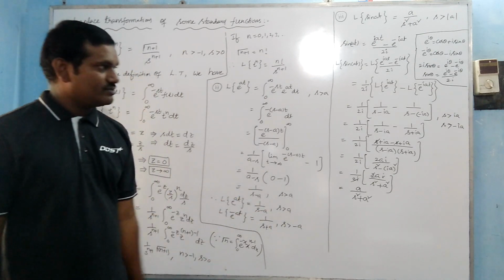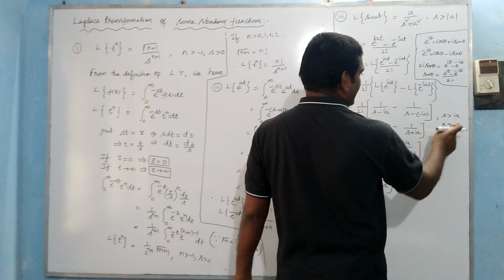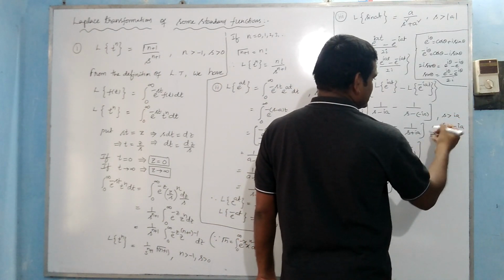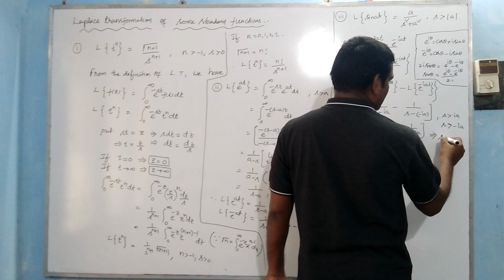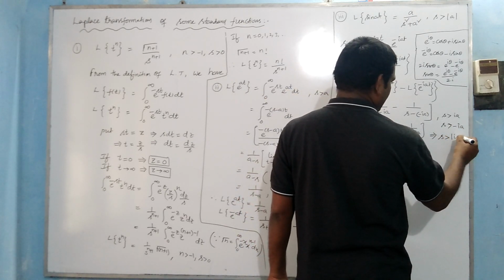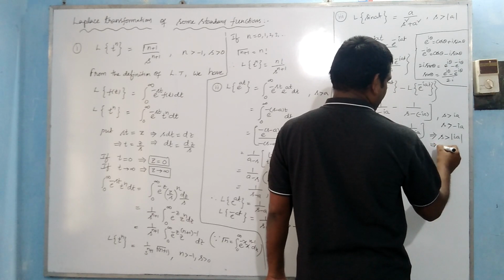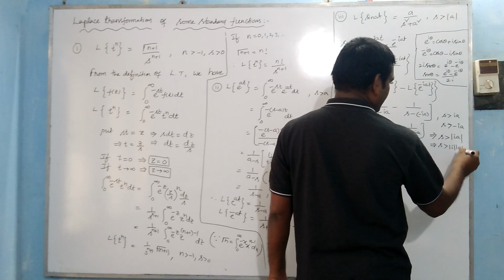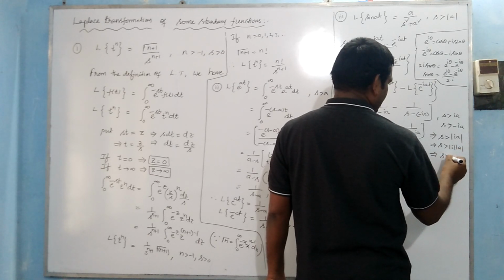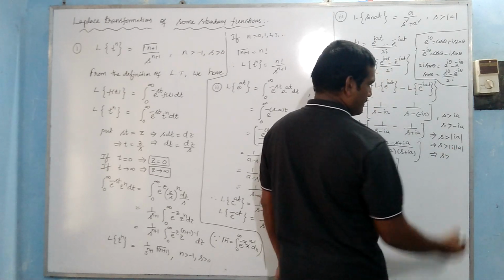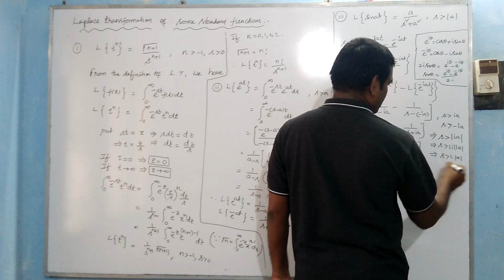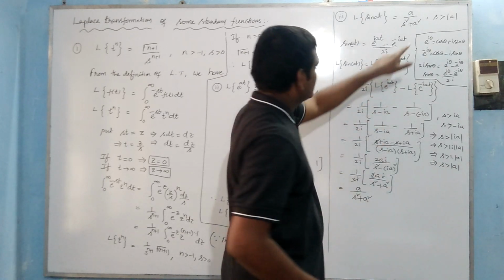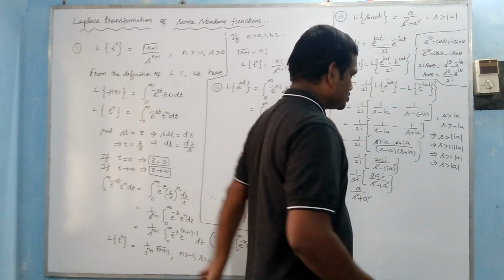So now we are applying this formula: s is greater than ia, s is greater than minus ia. So s is greater than modulus of ia. Then mod ia means modulus of i into mod a. So then s is greater than modulus of i, which is 1, into mod a. Then s is greater than mod a. So this is the condition: s is greater than modulus of a.